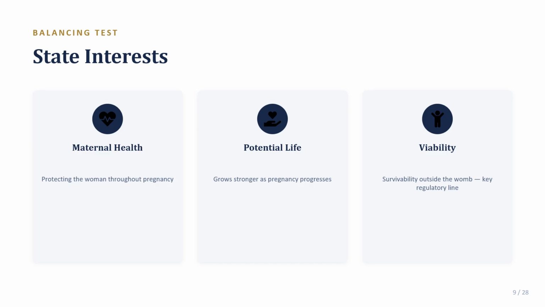All right, potential life is the state's interest in the developing fetus, explicitly described by the court as growing stronger as pregnancy progresses, rather than existing at some fixed constant weight from conception onward.